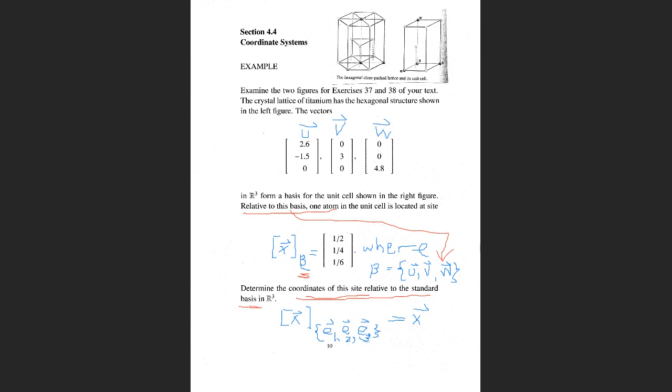Now you think of that vector x as a coordinate vector relative to the standard basis. You've been doing this your whole life, you just didn't know it. When you draw vectors, the coordinates are based on the standard basis. And so the vector x is equivalent to the vector x relative to this standard basis, E1, E2, and E3.